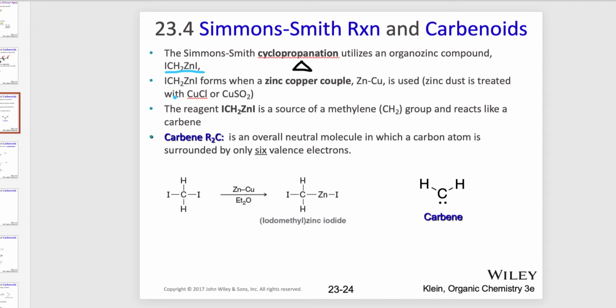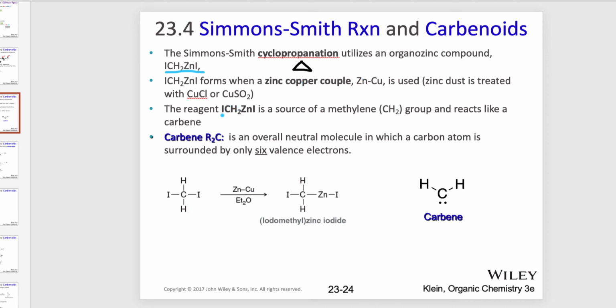So this organozinc compound forms when a zinc-copper couple, also shown as Zn-Cu, is used. This happens when we treat zinc dust with copper sources. It's an activated zinc in that case, making it more reactive.